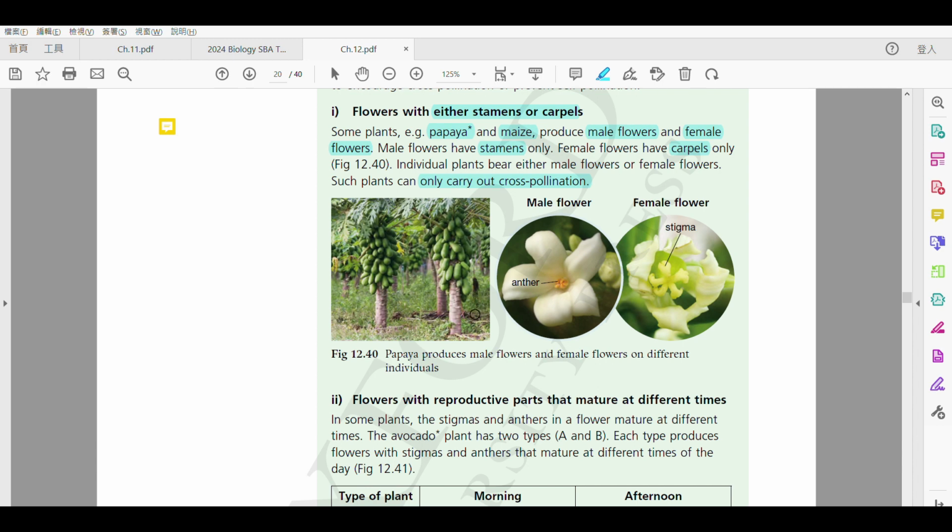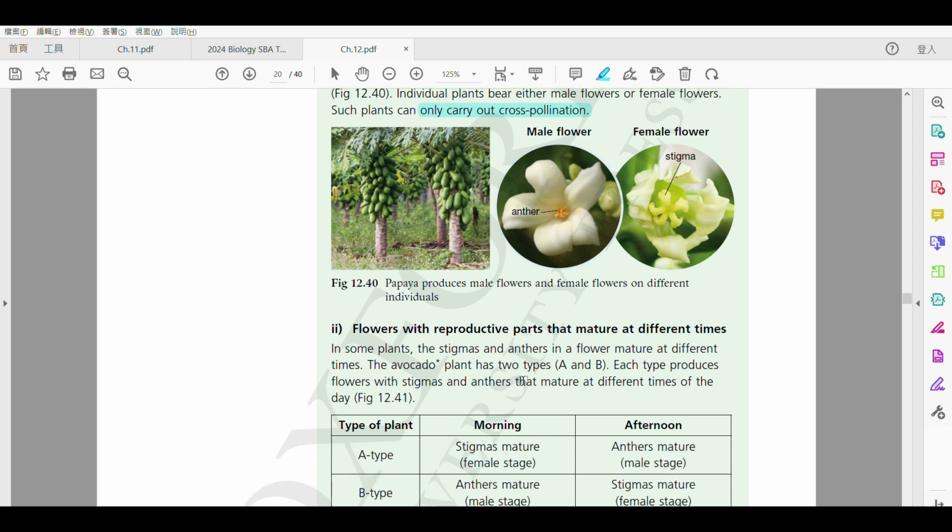Alright. So if there is only one papaya tree, it cannot fertilize.